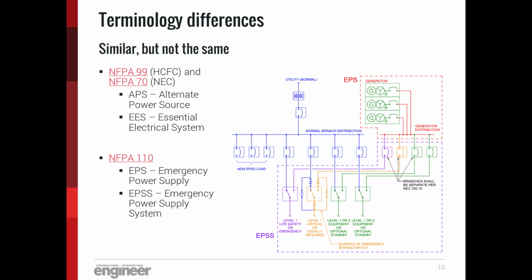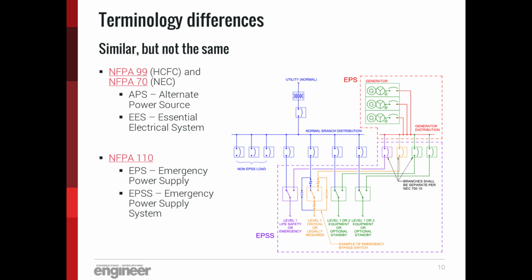Now, both NFPA 99 and NFPA 70 have what's called an essential electrical system. The essential electrical system includes the alternate power source and all of the distribution from that system all of the way down to the loads. And by loads, I mean perhaps the red outlet.